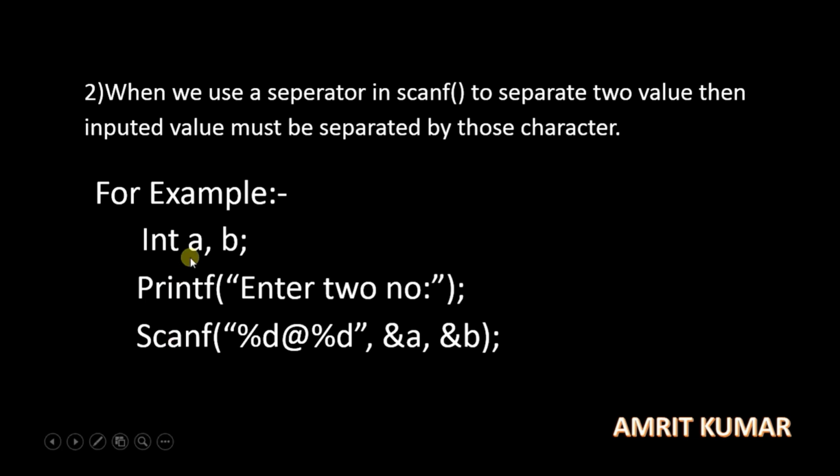This is telling us that when we are separating these two values a and b, then the inputted values must be separated by the comma. Now I have declared variable a and variable b of int data type, and terminated it with a semicolon.